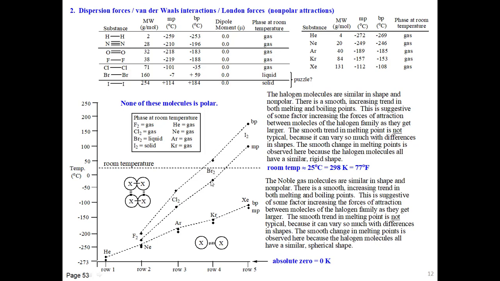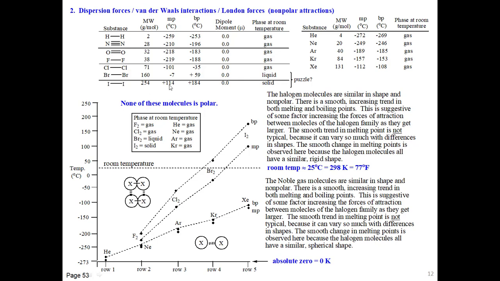Now there's only one other element that is a liquid at room temperature, say 25 degrees, and you probably know what that is. That would be mercury, a metal. Now if you keep going up, notice what happens to iodine. Here's 25, but iodine still hasn't melted. So iodine's going to be a solid all the way up to this temperature right here, which is 114.